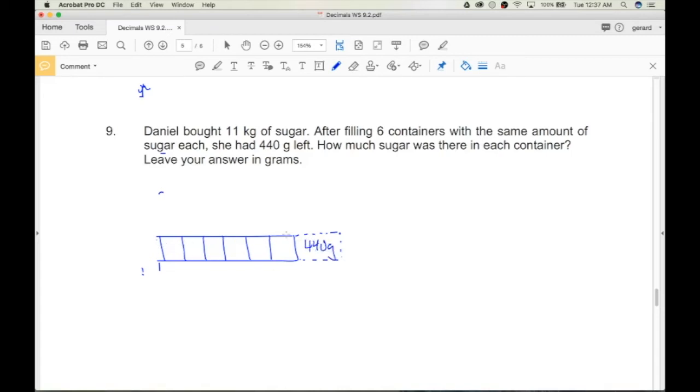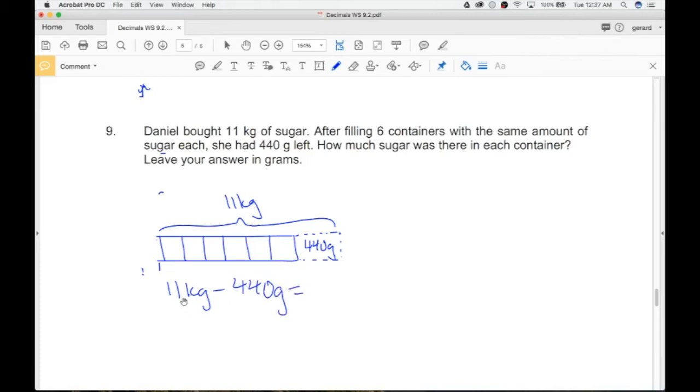Now each of these represents 1 container, and the whole thing is 11 kg. What we're going to do now is find what is 1 unit. We've done a lot of these kinds of questions. We take 11 kg minus 440 grams.